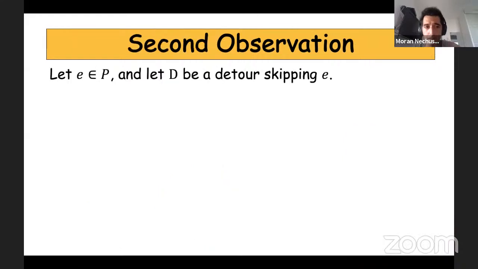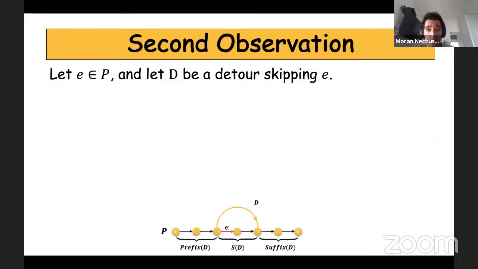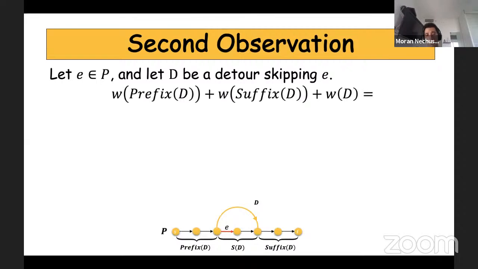The second observation is that if you consider some edge E in the path P and a detour that is skipping E, basically what you want to minimize is the weight of the replacement path, which is the weight of the prefix plus the weight of the suffix plus the weight of the detour. Now, the weight of the prefix plus the weight of the suffix is equal to the weight of the whole path minus the weight of the part that is skipped.